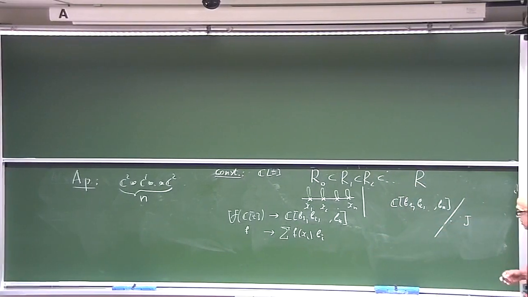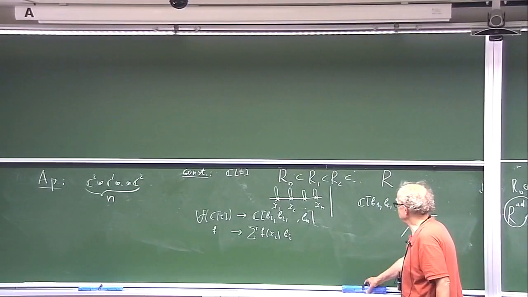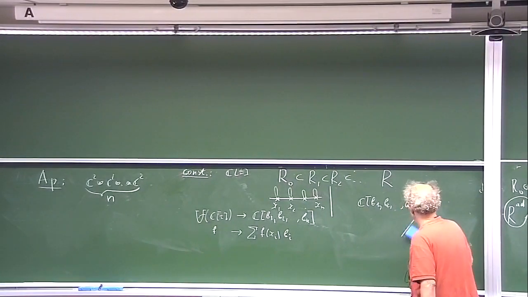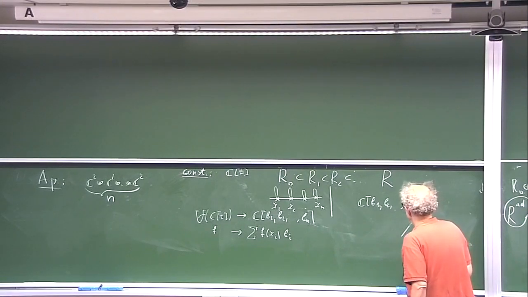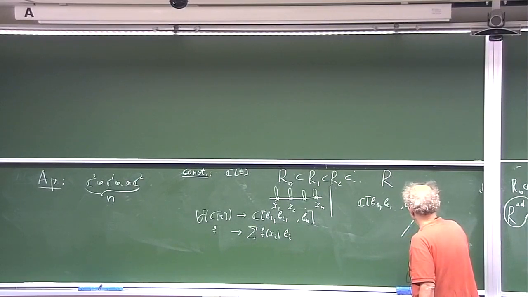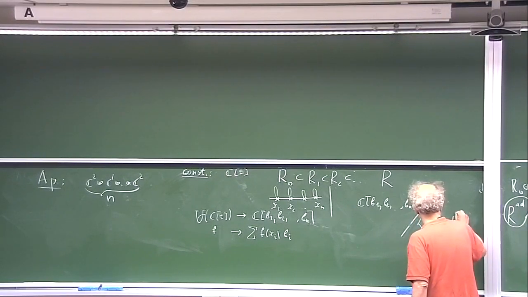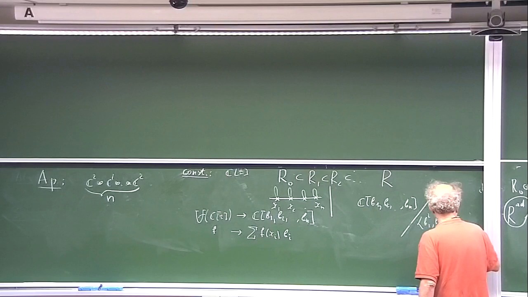And in applications, for example, let us take the following ideal, which is generated by the following things: b1 square, b1 b2, b2 square, b2 b3, and so on, bn minus 1 bn, and bn square.